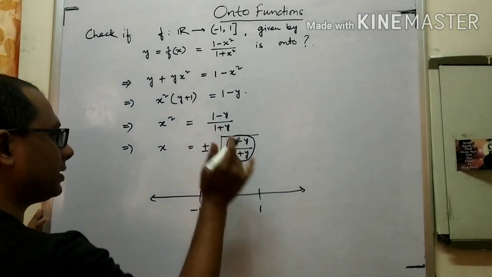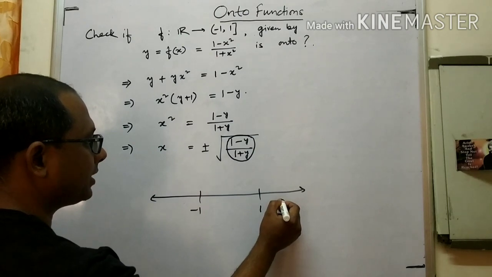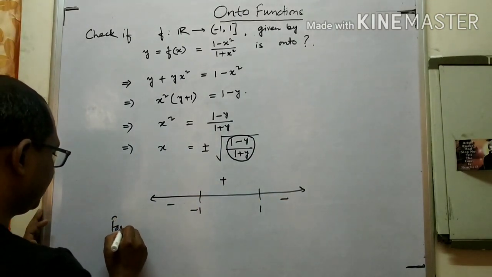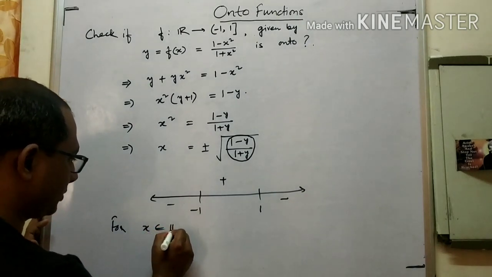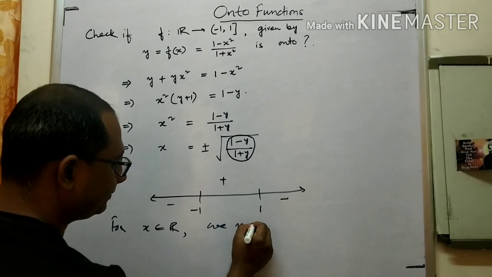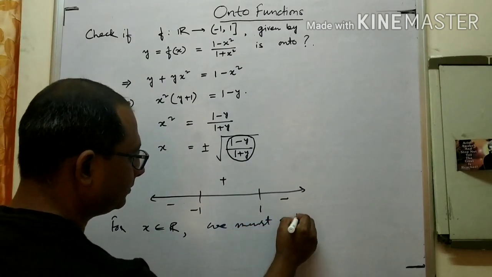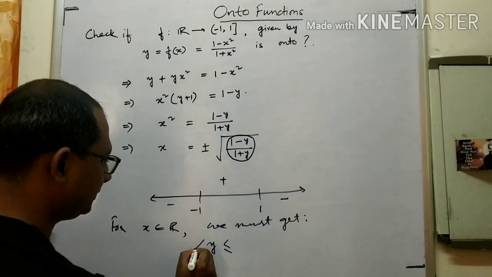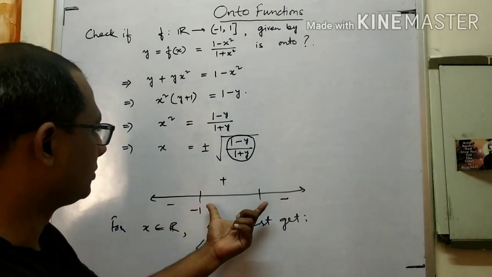It will start with a negative sign: negative, positive, negative. So for x to belong to real numbers, y must belong to minus 1 to 1.